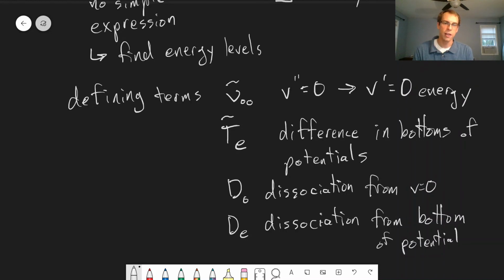In the next video, we'll look at a figure to show what we mean by all these different potentials and terms, since talking about these without something to look at is a little bit difficult. So we'll look at a figure from your textbook.